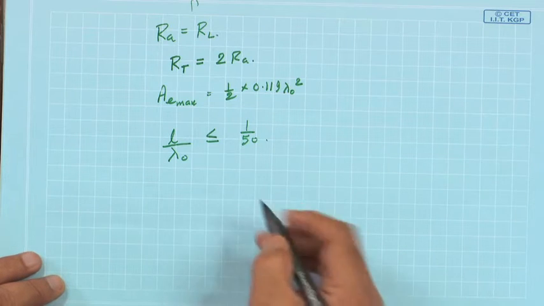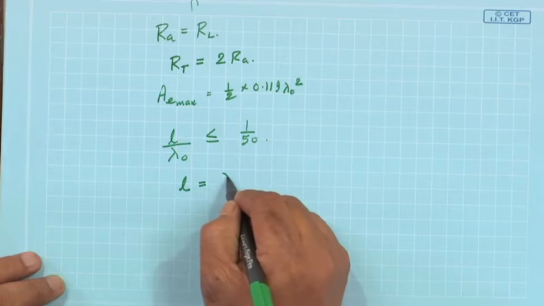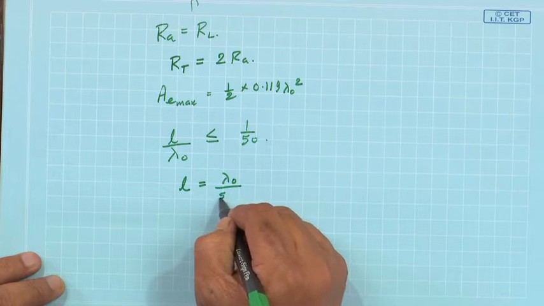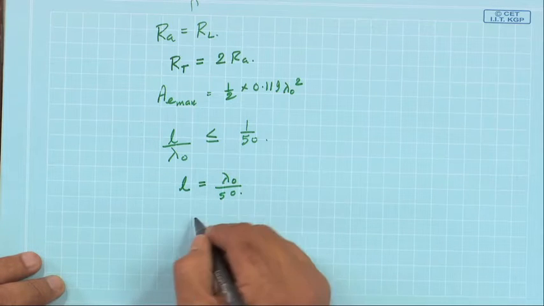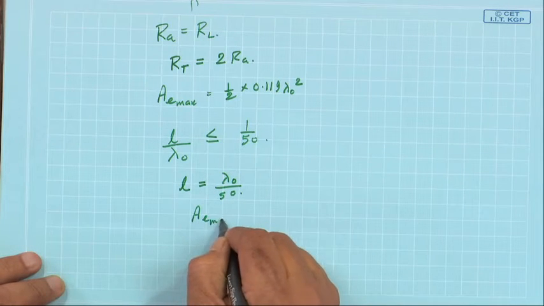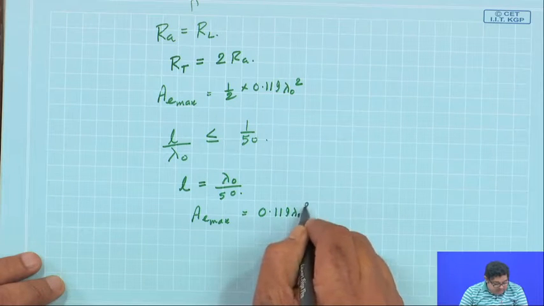So, if I have a dipole of length lambda naught by 50, then its Ae max, I am assuming lossless, is 0.119 lambda naught square.